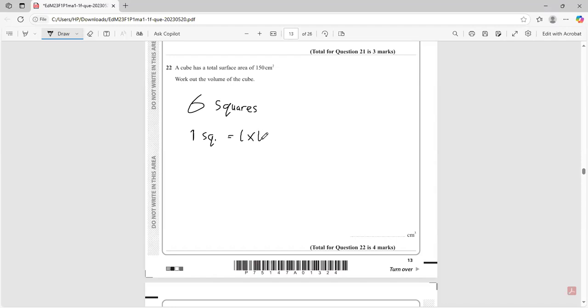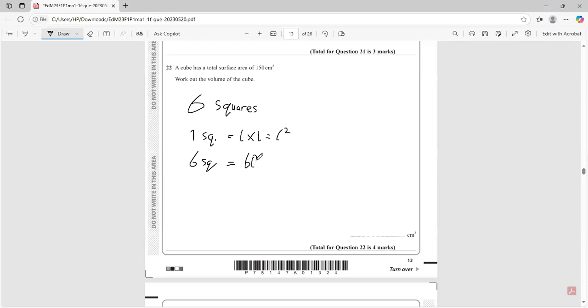L, okay, right? Therefore, for 6 squares, and L times L is what? L squared, right? So for 6 squares, that's going to be 6 times L squared.